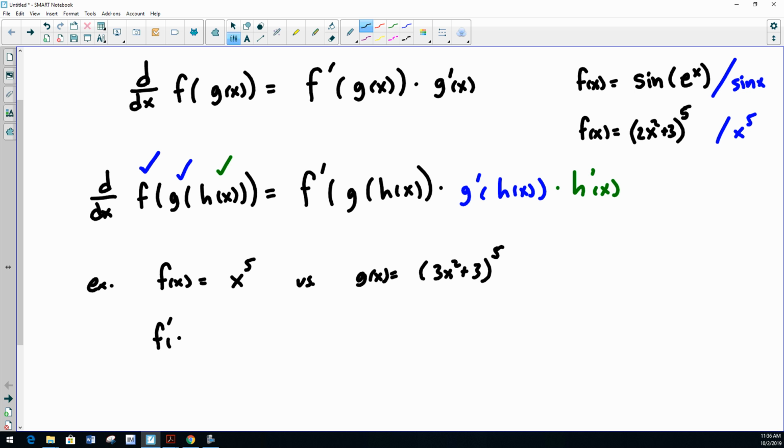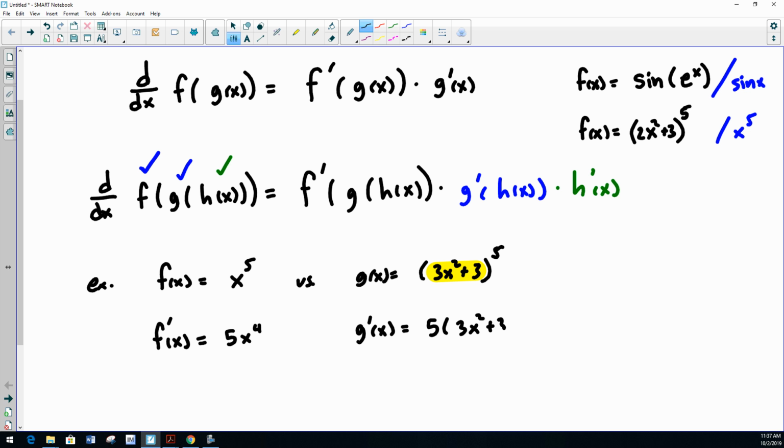We know the derivative of x to the 5th, the 5 comes down, x to the 4th. So this one, you can see, has an inside function. It's going to require the chain rule. The first step hasn't changed, though. The 5 is going to come down, parentheses, 3x squared plus 3 to the 4th power.